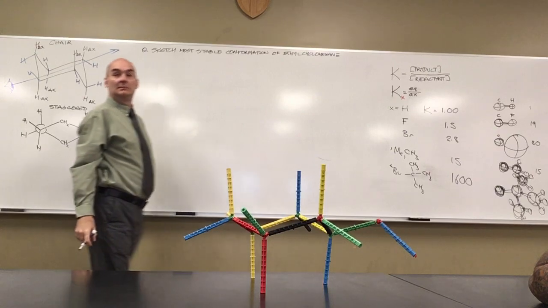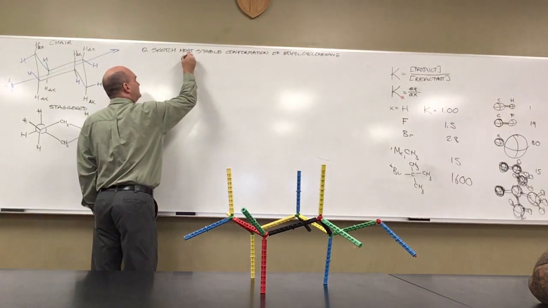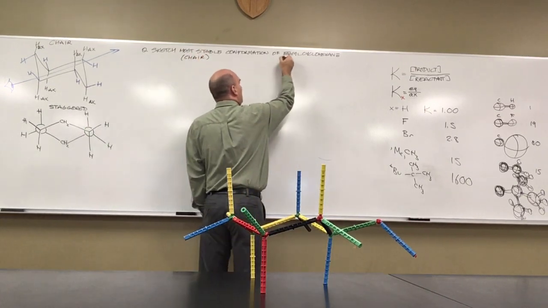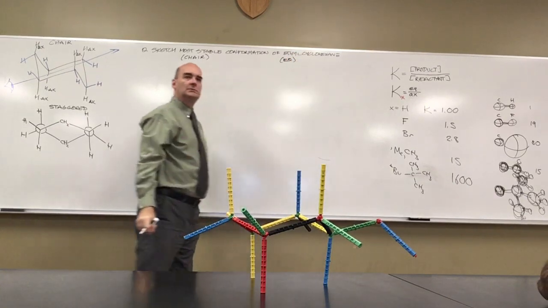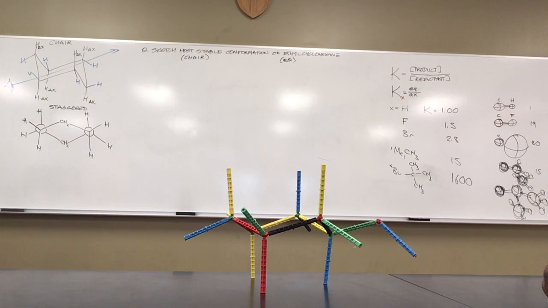It's easy. Most stable means it has to be a chair. Ethyl is going to be at the equatorial position. So sketch a chair. Put the ethyl at an equatorial position.